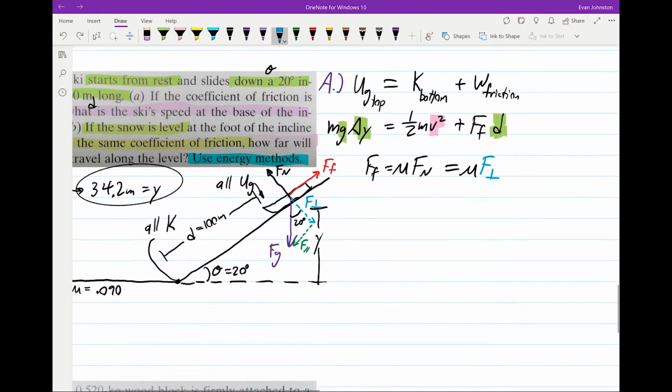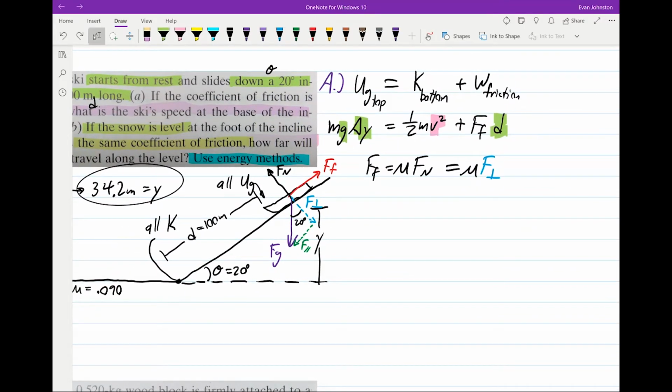Well, luckily for me, I'm pretty good with my trigonometry, and I'm going to look here and say that cosine of that angle is going to give me the perpendicular force divided by the force of gravity. And so at the end of the day, that gives me that Fg, which is the force of gravity, but I'm just going to rewrite that now as m times g times cosine of my angle is the perpendicular force.